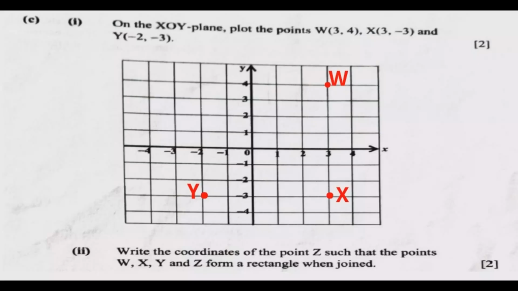Now we come to question 7C2, which is: write the coordinates of the point Z such that the points W, X, Y, and Z form a rectangle when joined.